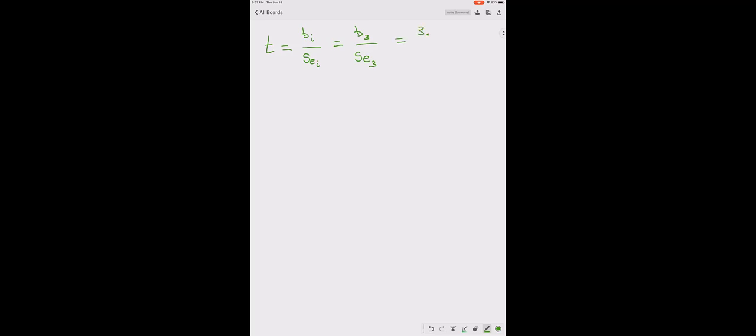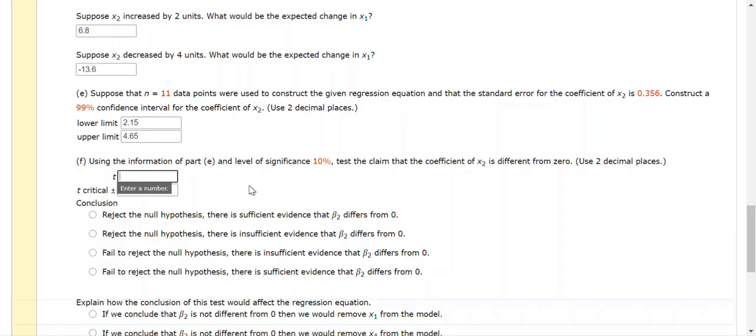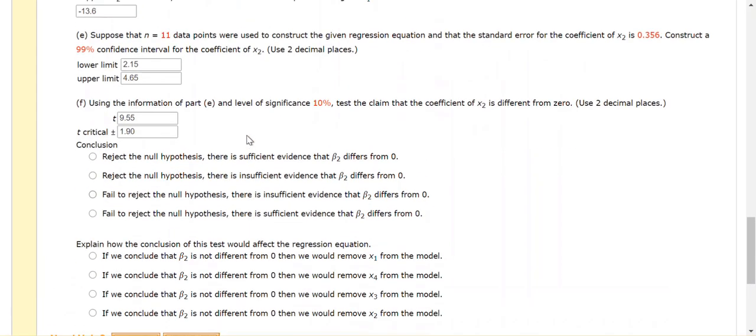So the coefficient for x2 is 3.4, and the standard error was 0.356. And so then that's equal to 9.55. Okay, so then what's the conclusion?